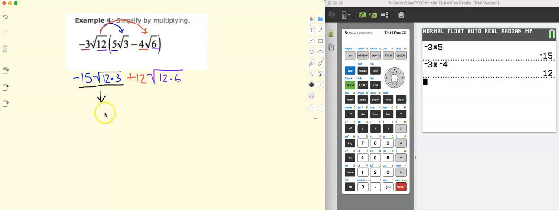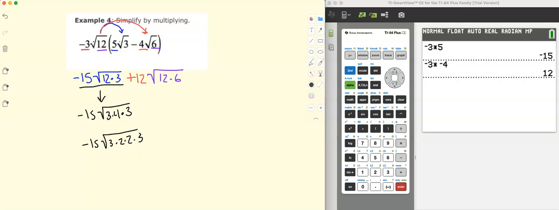So I'm going to try to simplify the negative 15 times the square root of 12 times 3. So when I try to simplify that, I know that I can go ahead and bring the negative 15 down. But I can rewrite 12 as just 3 times 4. That was the first number that popped in my head, and times 3. All right, so I see that I can continue to break this down: 15 times 3 times 2 times 2 times 3.